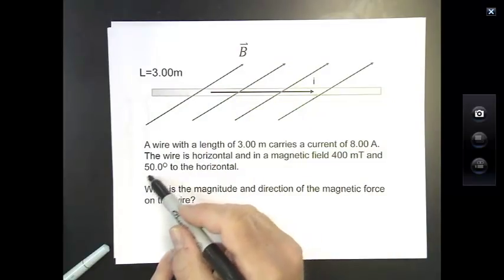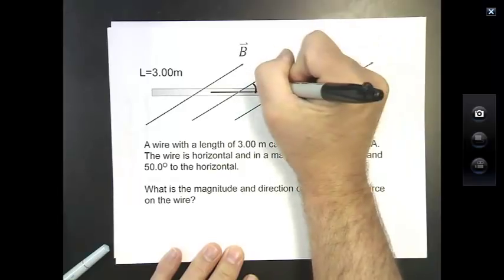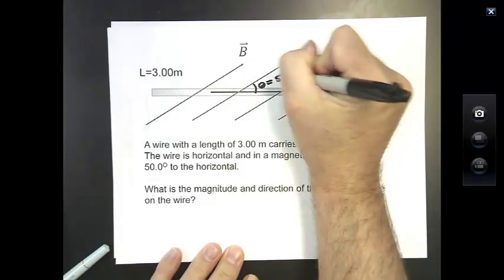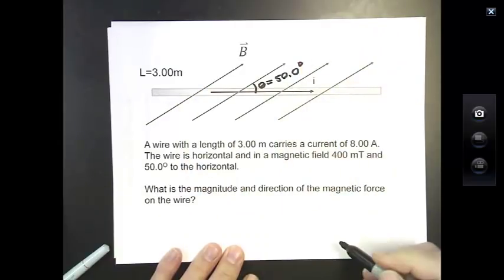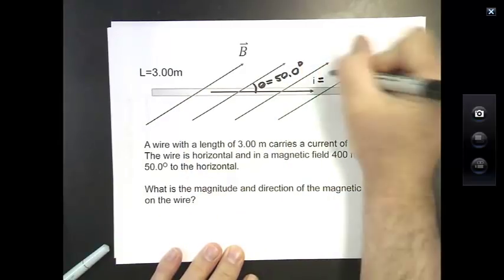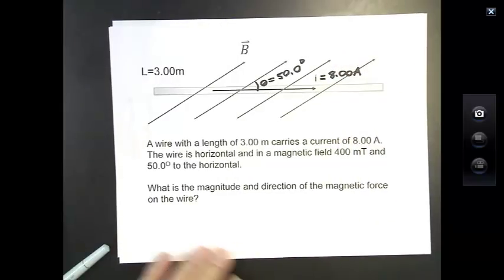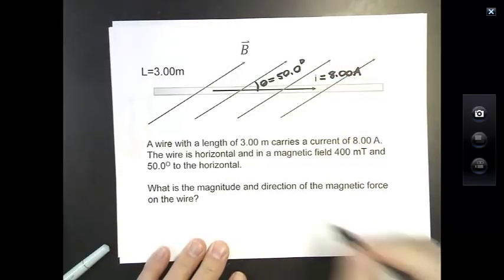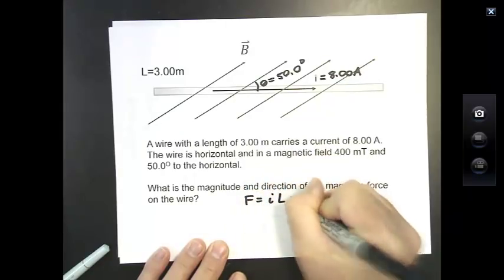It's sitting in a B field, and that B field is 50 degrees to the direction of the current. So this angle right here is 50.0 degrees. The length of the wire, 3 meters. The current, 8 amps. Find the magnitude and direction of the magnetic force. The force is I L cross B.